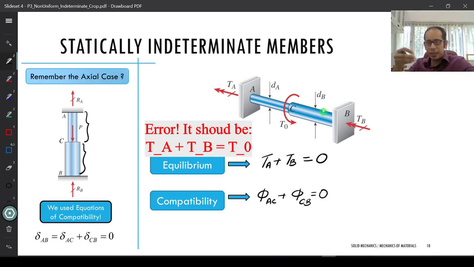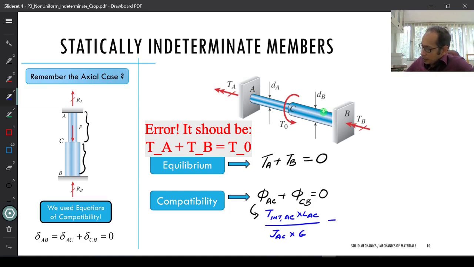Now, if you write it a few steps further, what you get is phi of AC is nothing but T, the internal torque which is acting over there, I am going to write T internal AC times length of AC divided by J of AC times G, assuming the material is the same throughout, right?